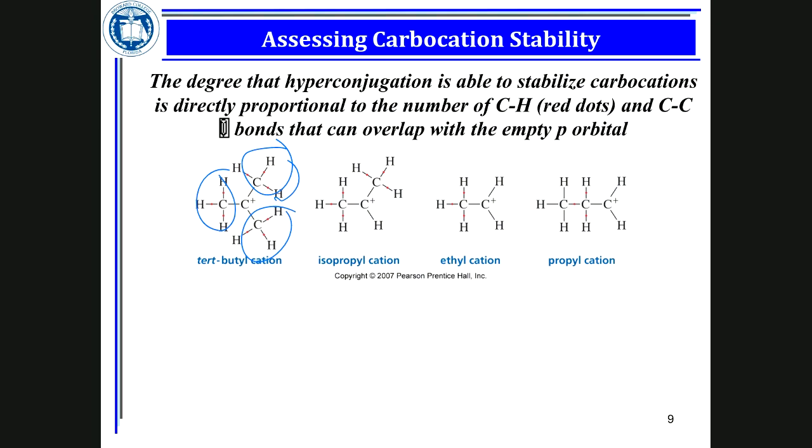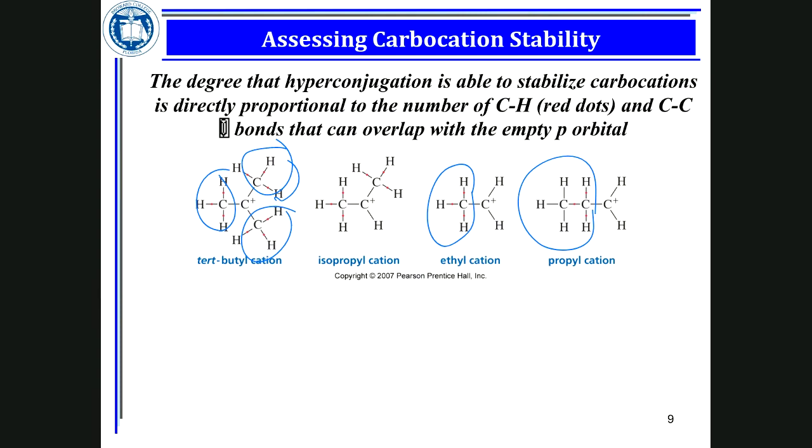Now if you have ethyl carbocation versus propyl carbocation, which one is going to be more stable? Propyl is going to be more stable. They are not the same actually. For alkyl groups, the larger the alkyl group is, the better electron donor it is. So they have more ability to give electrons.